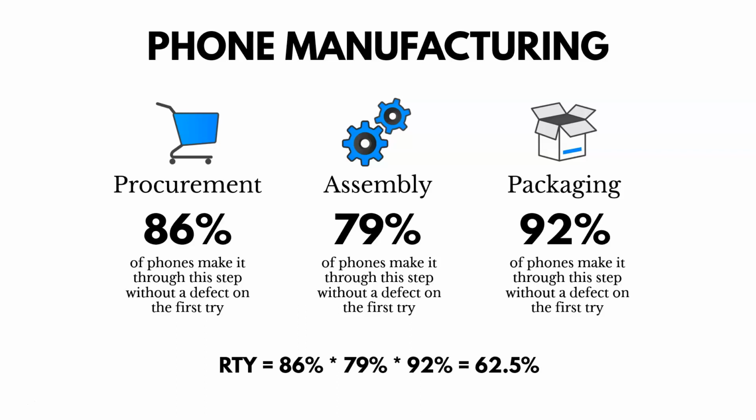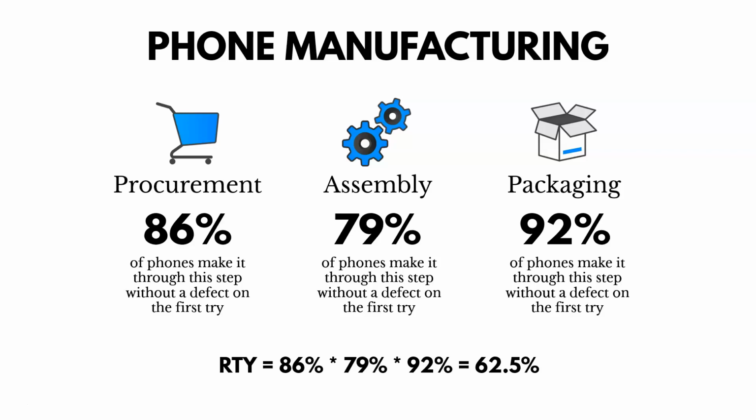That's the yield of that process step. In the assembly step, 79% of phones make it through without a defect on the first try. That's the yield for that individual step. And for packaging, 92% of phones make it through without a defect on the first try.